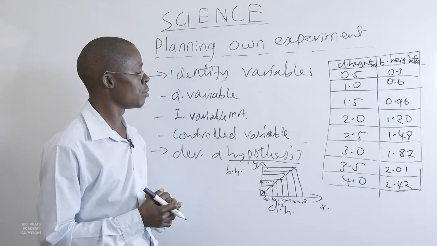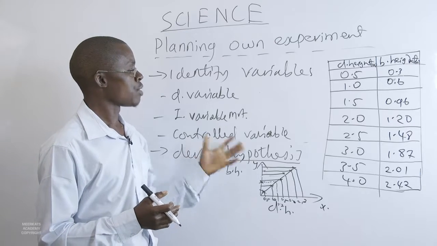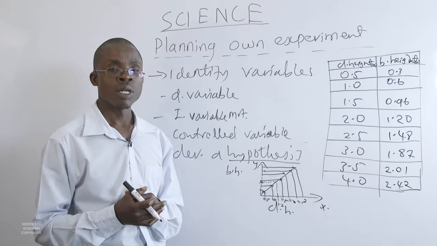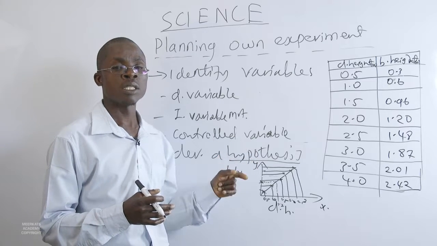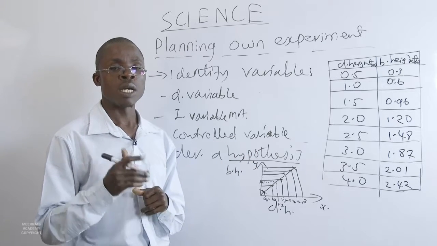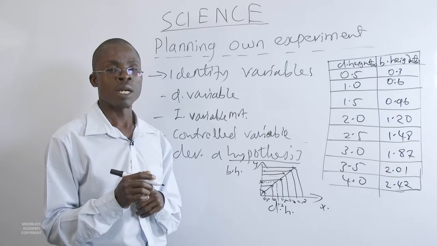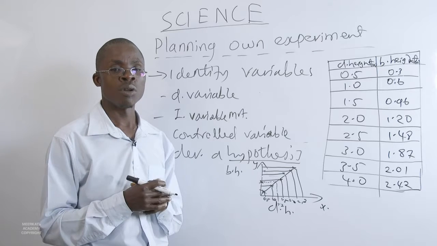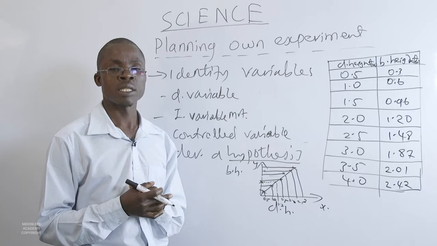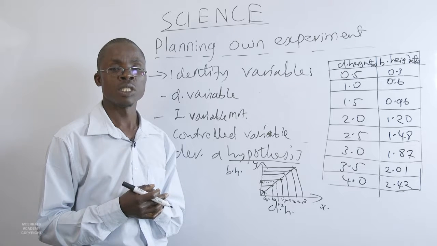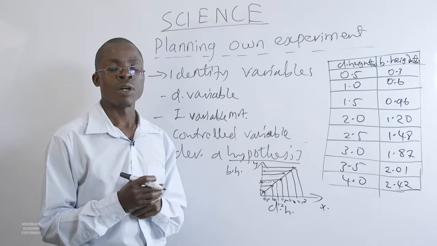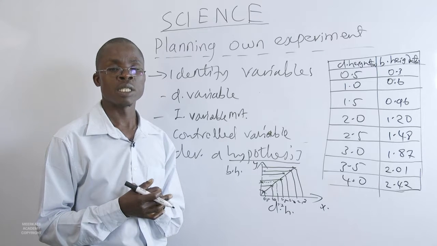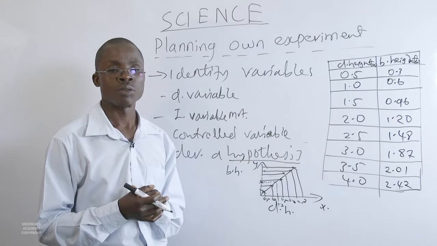And the conclusion can be: the height of dropping a tennis ball has a direct relation to the height of the bouncing tennis ball.